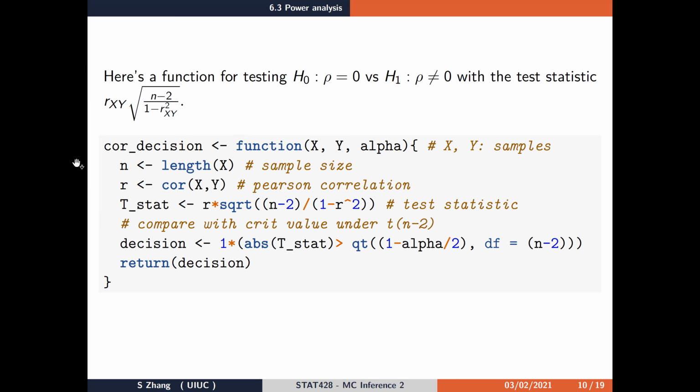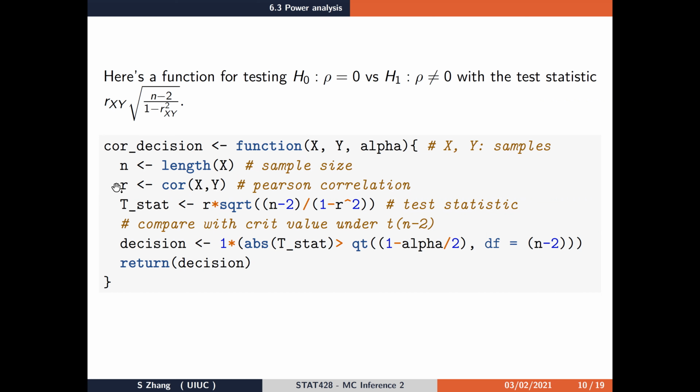So here's our core decision function, where it takes inputs x and y and the type 1 error rate, and then it outputs the decision of whether you reject the null or not. First of all, based on our inputs x and y, we can figure out the sample size.